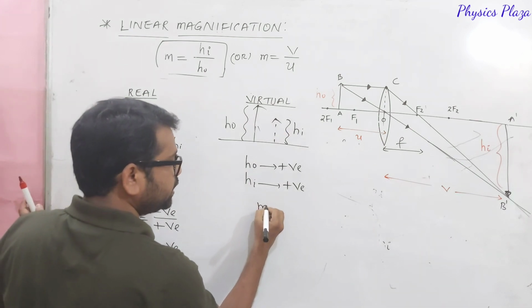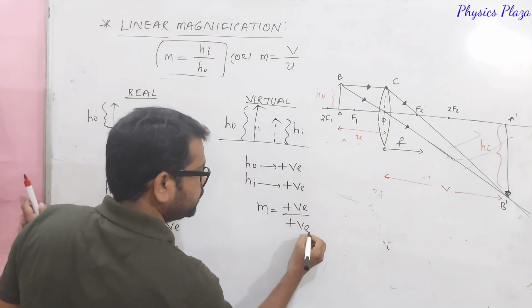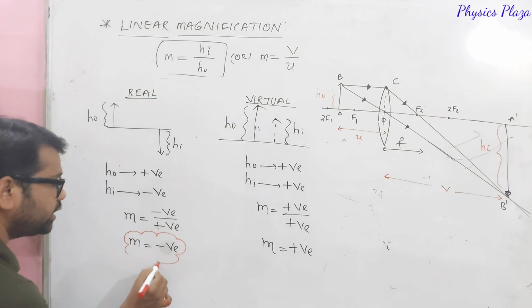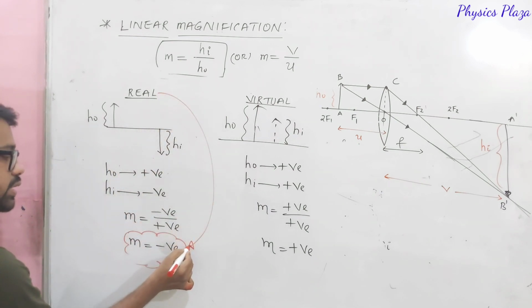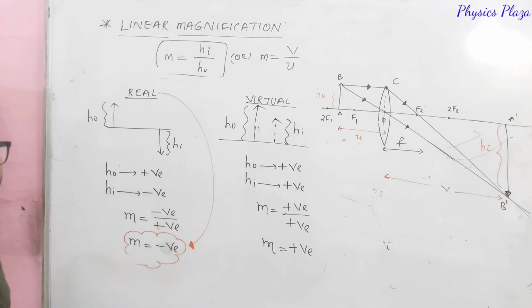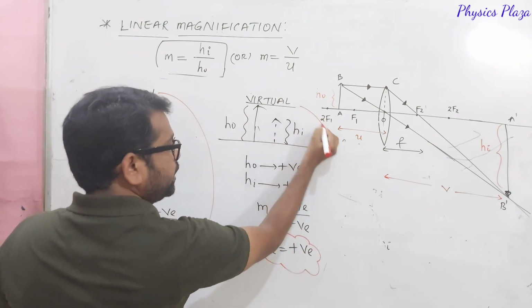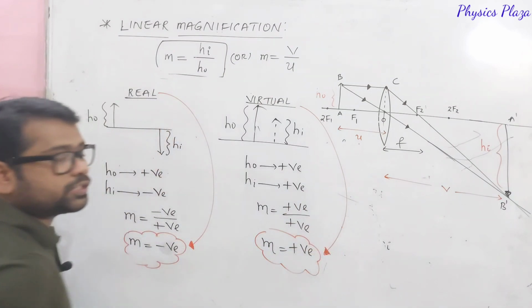Whereas in the virtual image case, it is positive by positive. So what conclusion can we make? For a real image, linear magnification is negative. Whereas for a virtual image, linear magnification is always positive.